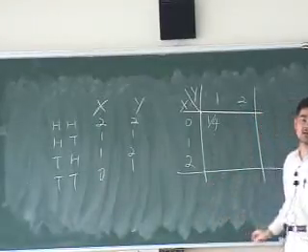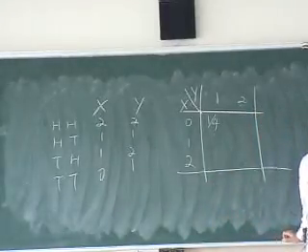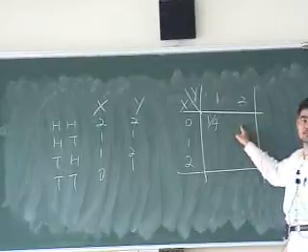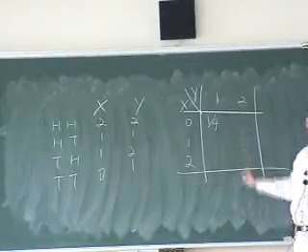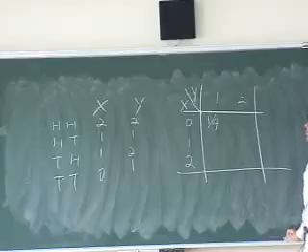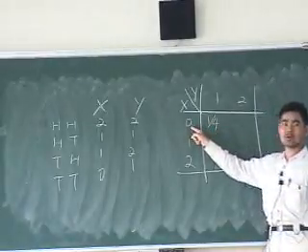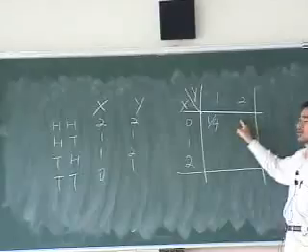What about here? When x is equal to 0 and y is equal to 2, what's the probability?